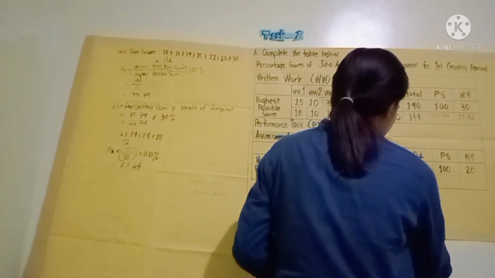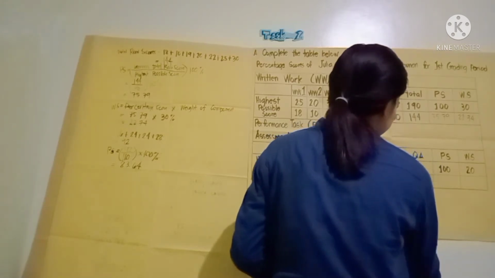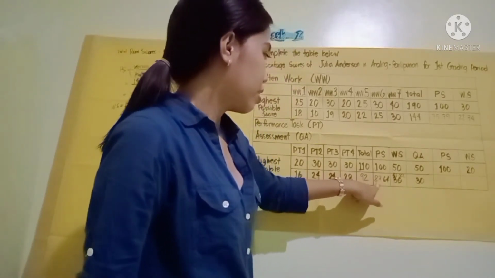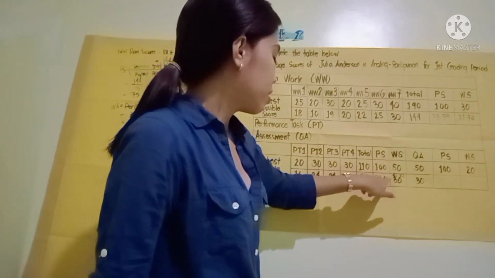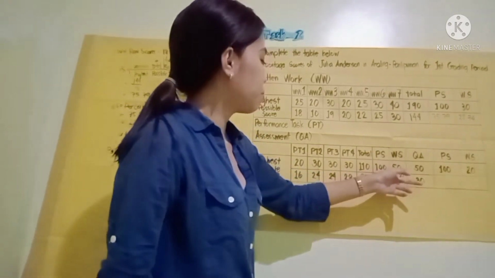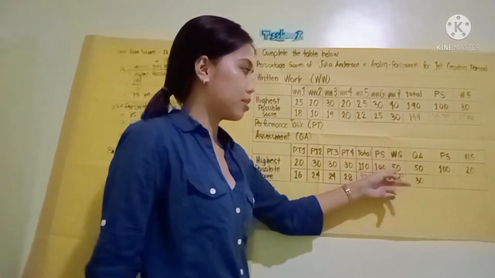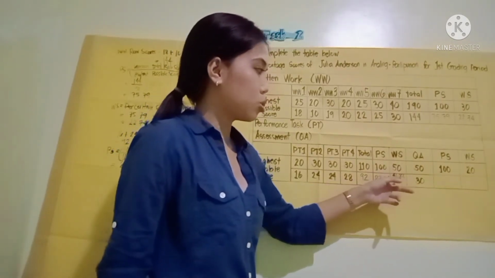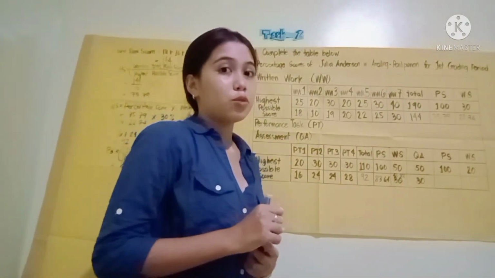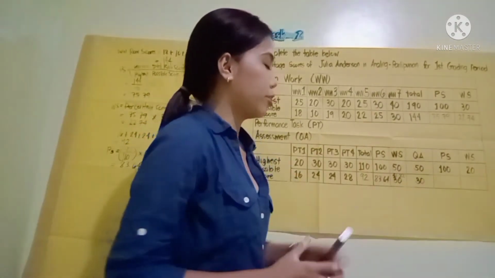It is not 30. So when we multiply the percentage score times 50, which is the weight of component for the Araling Panlipunan in the performance task, it should be 41.82 and not 30. So next, we proceed to percentage score.